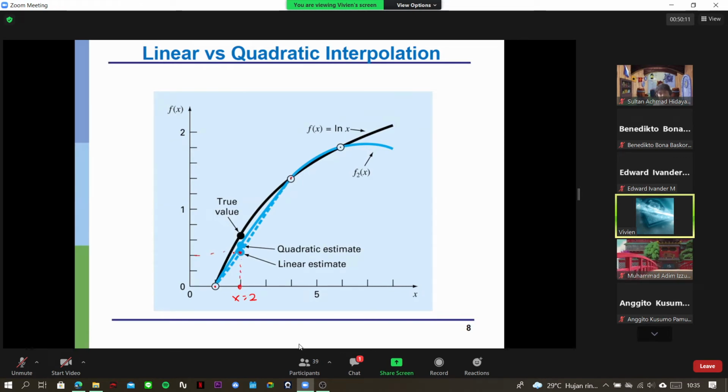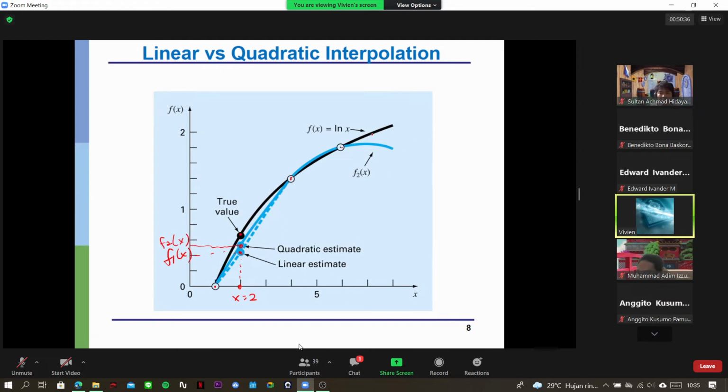This is the interpolated value, which is f1(x). If we use quadratic estimation, we need a minimum of 3 points so that we connect them with a quadratic curve. Then if we insert x into the equation, this is the value of f2(x), while the true value is here.